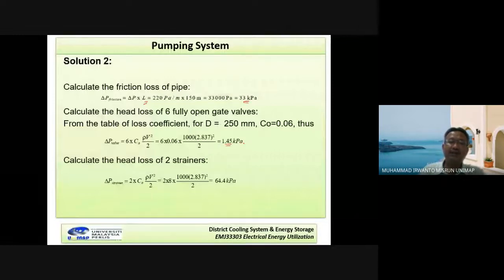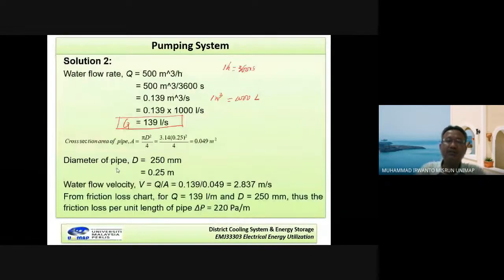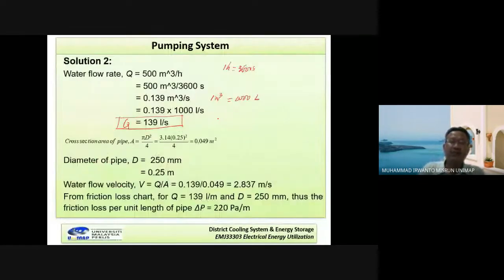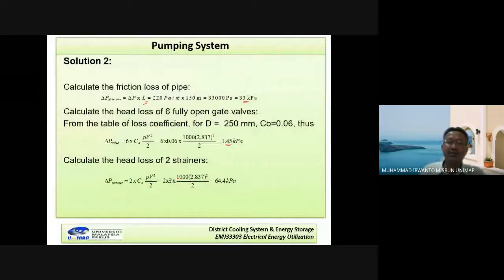And then for the strainer, we have the number of strainers is 2, and then the coefficient of the strainer is 8. So this one: 2 multiplied by 8 multiplied by 1000, 2.837 squared over 2. We obtain here. And then, how many elbows?